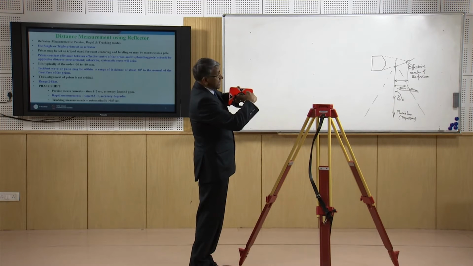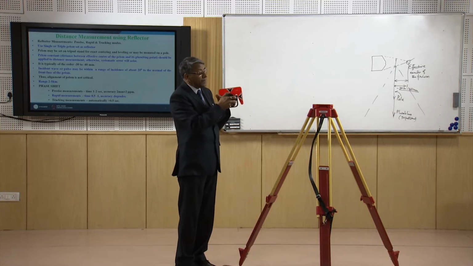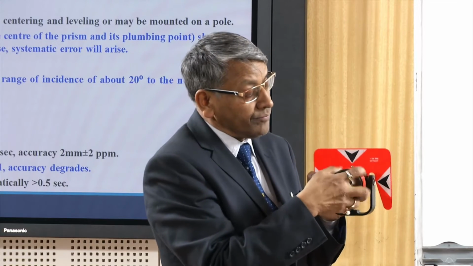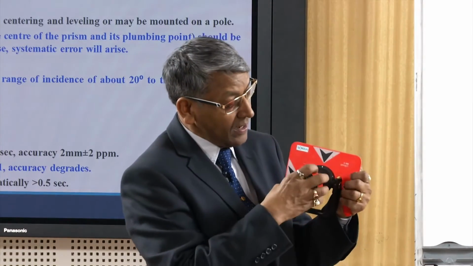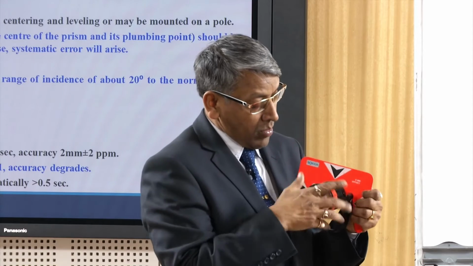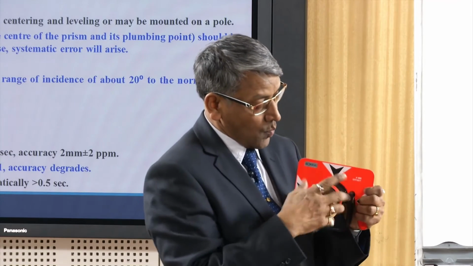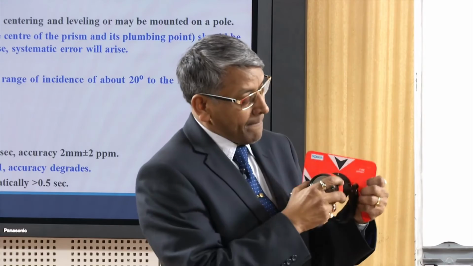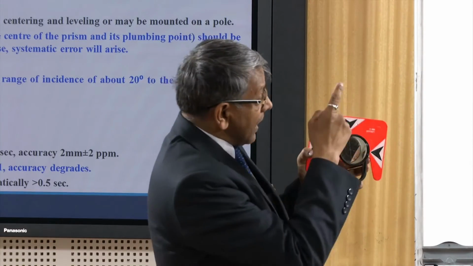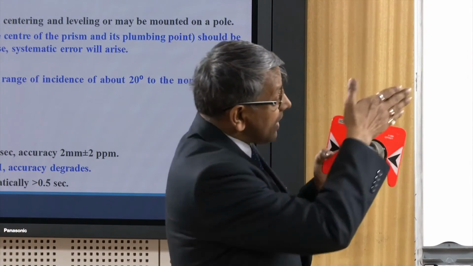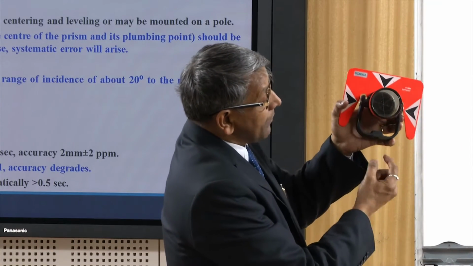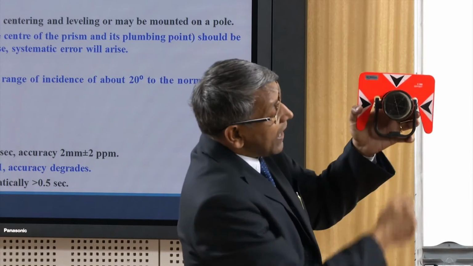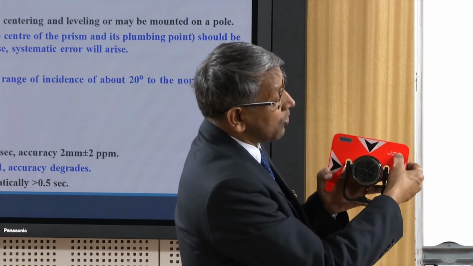If we fix the prism in the other direction, then the effective center of the prism and the plumb line or the pole on which it is fixed will be identical, so the offset will be 0 millimeter.